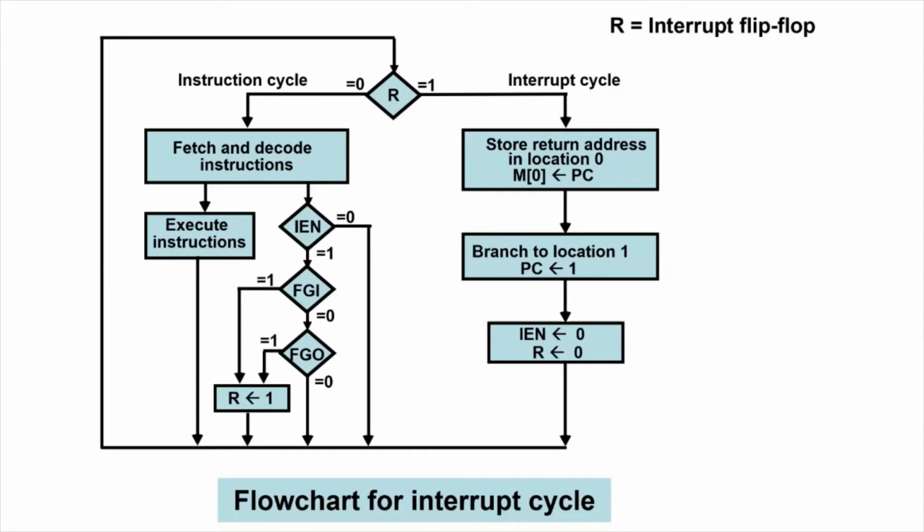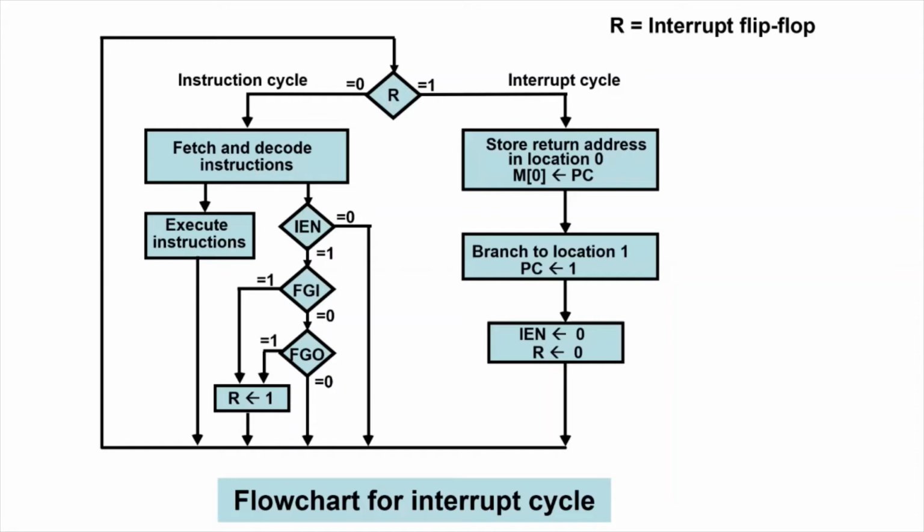So all the interrupt programs work in two ways: one is raising the interrupt cycle and the other is raising the instruction cycle. If it is equal to 1, it will activate the interrupt cycle to stop the process. If it is equal to 0, it will execute your instruction.